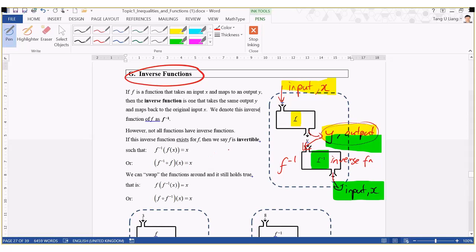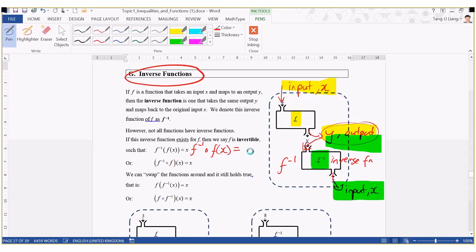So if I write this in terms of composition of functions, it starts off with x, and then f takes on x to produce f(x) for us, and then you compose this with f inverse. So f inverse takes in f(x) and produces x.